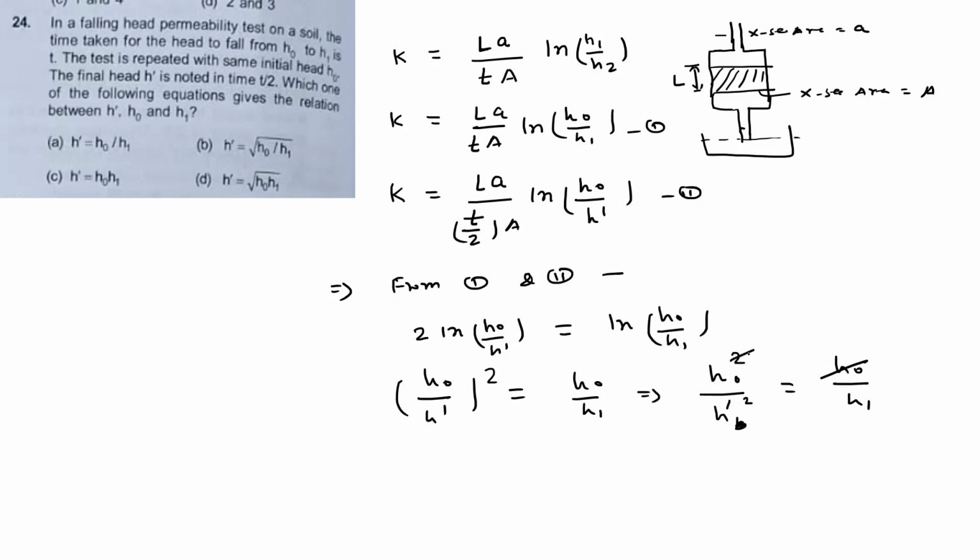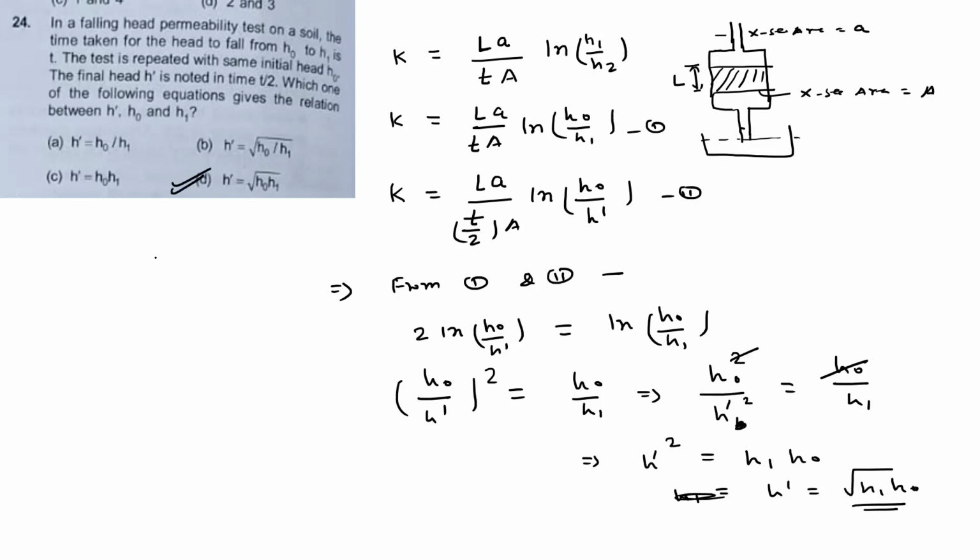One H naught cancels out, and this will be H prime squared is equal to H1 into H naught. So H prime is equal to the square root of H1 into H naught. Option D will be the answer.